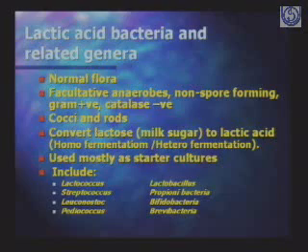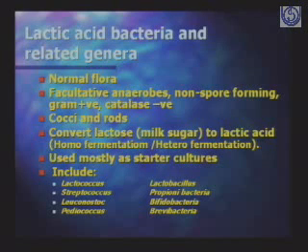The most important group is of lactic acid bacteria and related genera. These are the normal flora of milk, facultative anaerobes, which are non-spore forming, gram-positive, and having catalase absent in them. This group consists of cocci and rods, which are capable of converting the lactose, that is the milk sugar, to lactic acid.